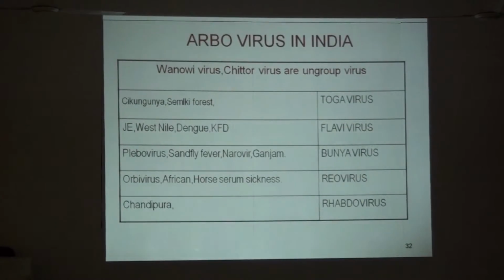So the arboviruses which are more prevalent in India are chikungunya and Semliki Forest in the togavirus family; Japanese encephalitis, West Nile, dengue, KFD in the flavivirus family; bunyaviruses such as Ganjam virus; orbiviruses such as African horse sickness virus from the reoviruses; and Chandipura virus from the rhabdoviruses.